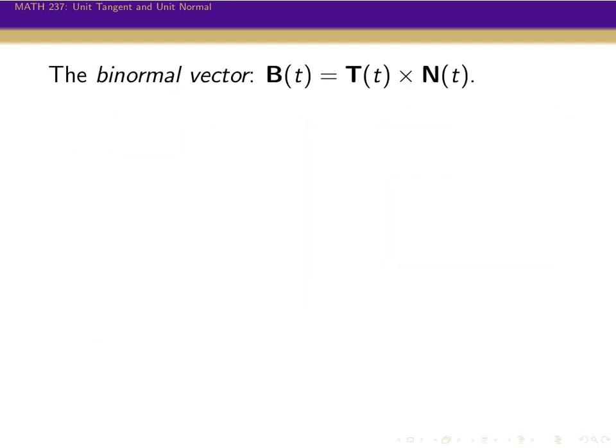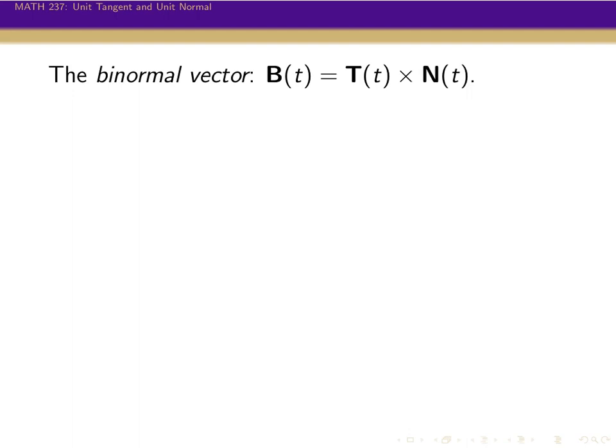Okay, so in 2 space, the unit normal and the unit tangent vector are giving 2 different directions, and that's really all the different directions you can have in 2 space. But in 3 space, the unit normal and unit tangent are perpendicular on the same plane, and so you can ask, what then is a vector perpendicular to the plane?